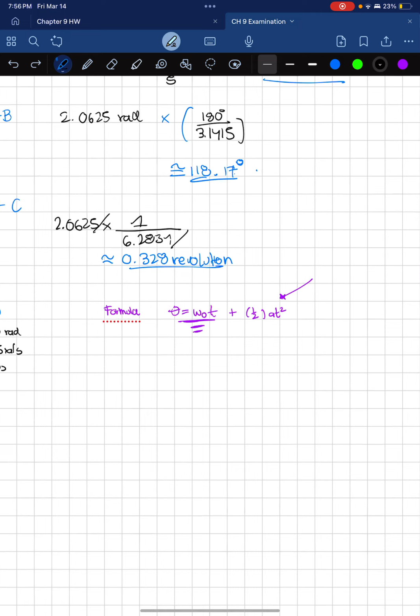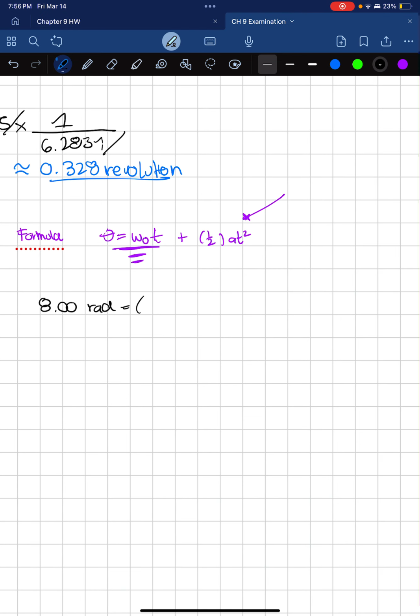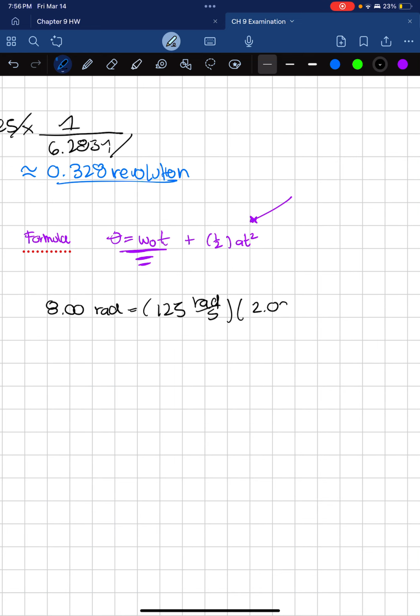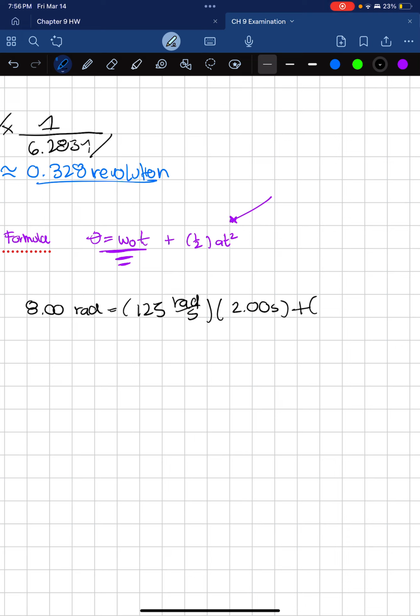Now let me plug that in. 8 radians equals 1.25 radians per second times 2 seconds, which is our time, plus one half alpha times 2 squared.